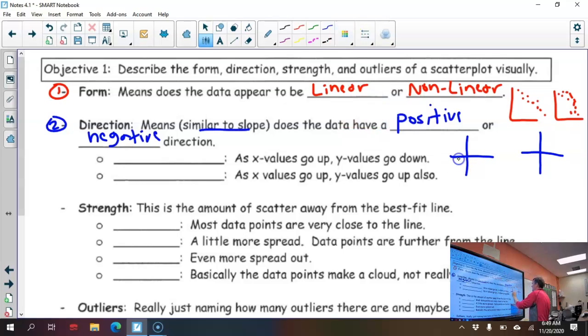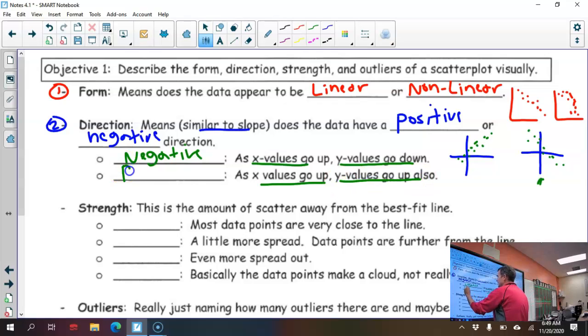Perhaps your data looks like this, or perhaps the scatter plot looks like that. It says here, as X goes up, Y goes down. So that would be this one over here. As the X values go to the right, the Y values are going down. That is a negative direction. And as X gets bigger, Y also gets bigger. That is a positive direction or a positive slope. Okay, I think that's pretty obvious to everybody.